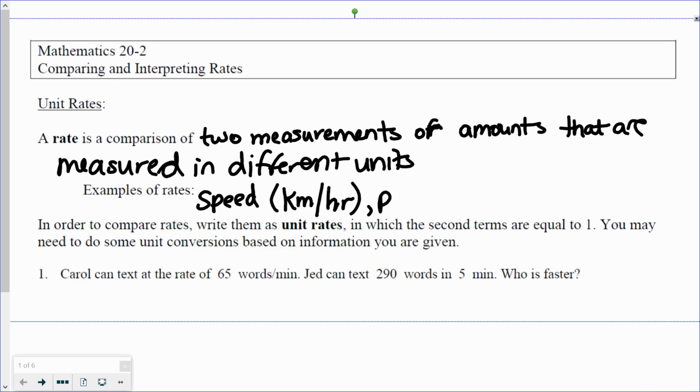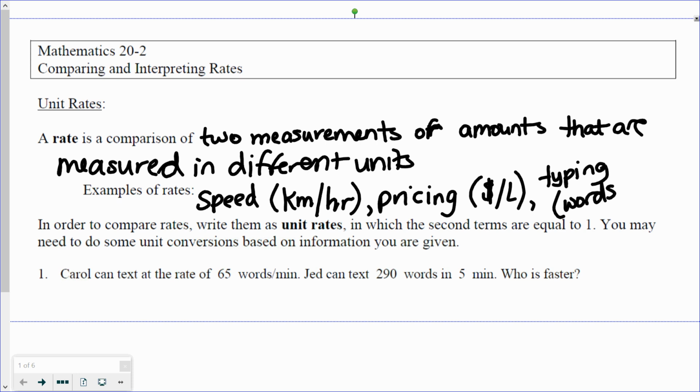Pricing is another big one. So something like gasoline for your vehicle is priced as dollars per liter. So it's relating two different things, a money and a volume. Something like how fast you can type is in something like words per minute.